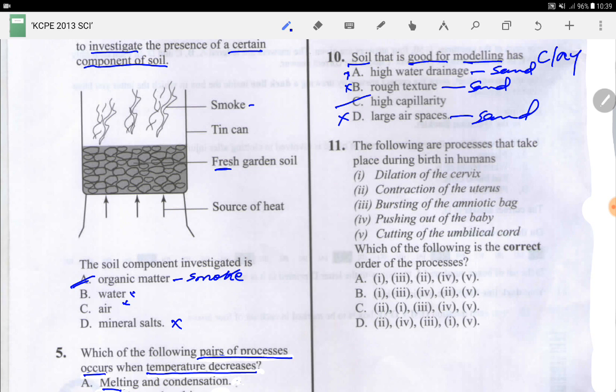The following are processes that take place during birth in humans. So this question is testing the stages of the birth process in human beings. I want to very quickly give you a mnemonic, or an acronym, which you will use.